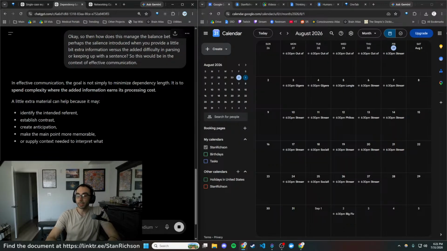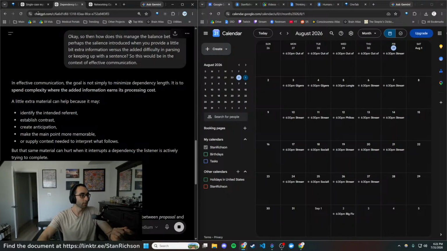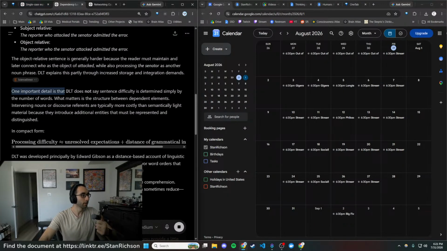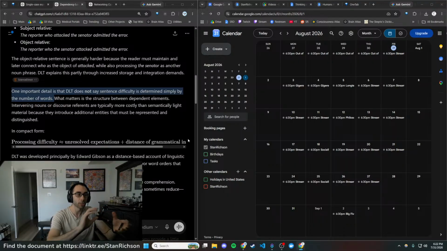It's pretty intuitive. The idea that the more information, the harder to process for a proposition seems obvious, right? But that's not what it just said. It does not say sentence difficulty is determined simply by the number of words. So what you just said there, more information, is not actually what it's saying here. That's not the takeaway. It's going to be very specific grammatical moves that would make it more difficult. So what matters is the structure between dependent elements.